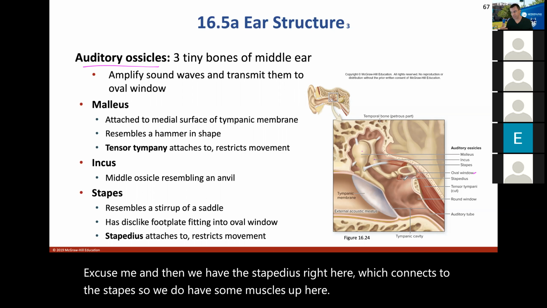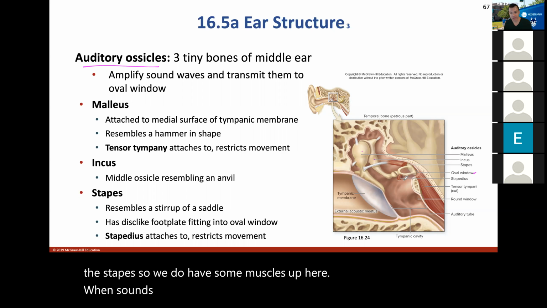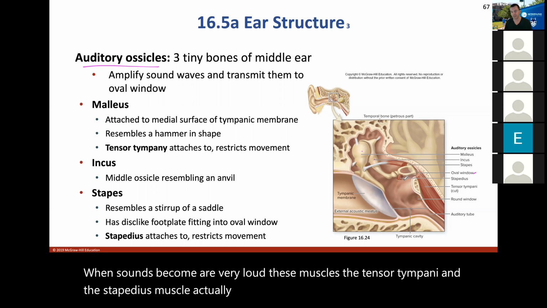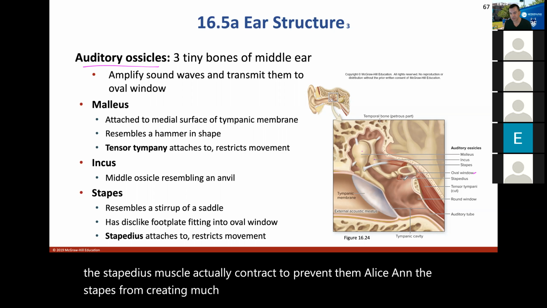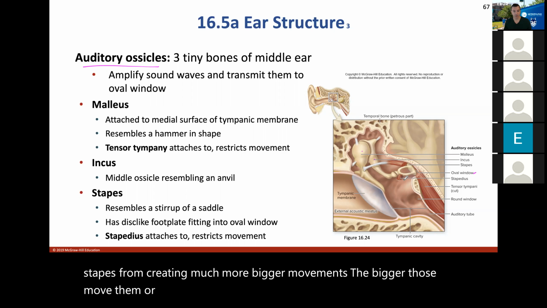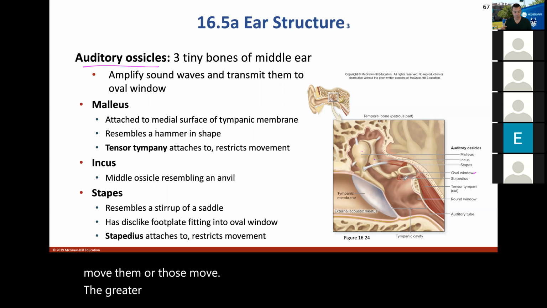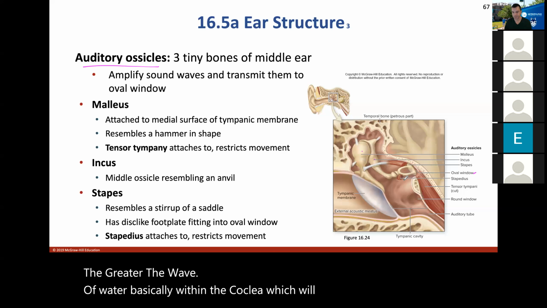When sounds are very loud, these muscles, the tensor tympani and the stapedius muscle, actually contract to prevent the malleus and the stapes from creating much bigger movements. The more those move, the greater the wave of water within the cochlea, which we'll get to in a second, and the more it displaces the hair cells.